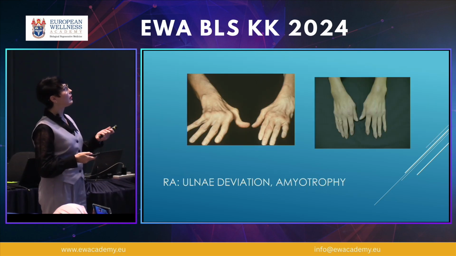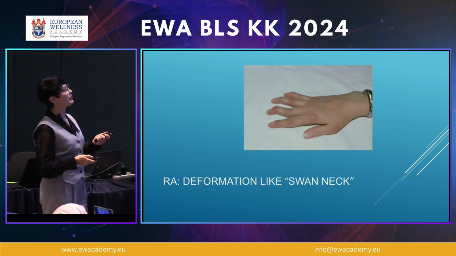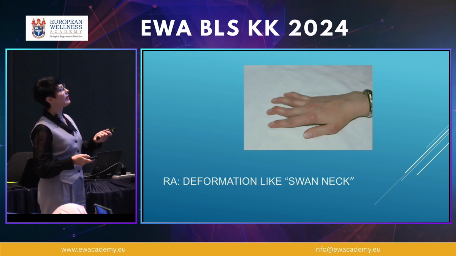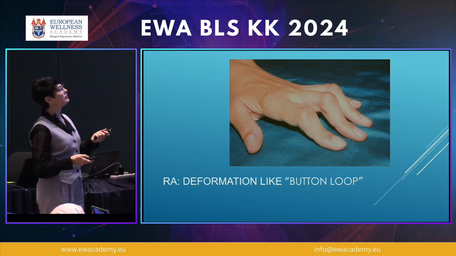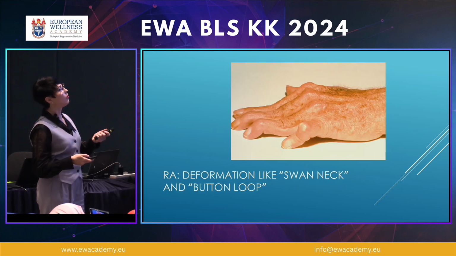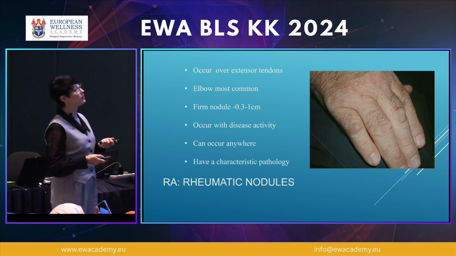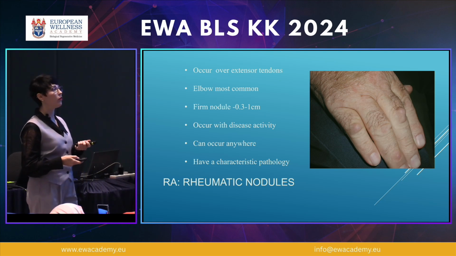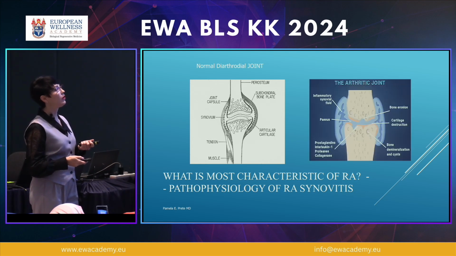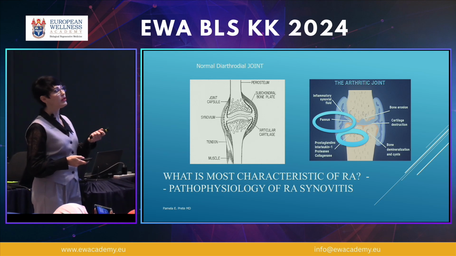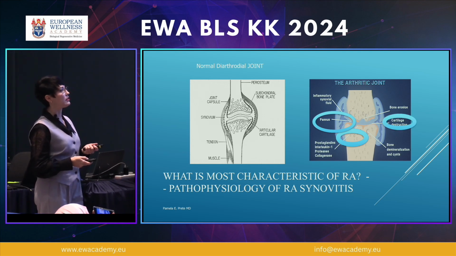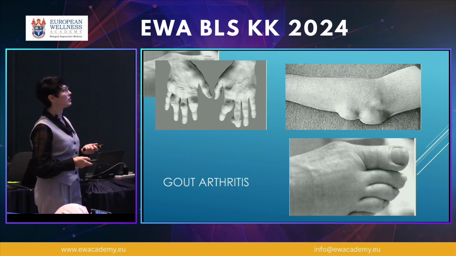In rheumatoid arthritis there is ulnar deviation, amyotrophy of muscles, swan neck deformation, and boutonniere deformation, or both. Also rheumatic nodules are not characteristic for osteoarthritis. For rheumatoid arthritis, bone erosion and cartilage destruction are characteristic, which are not characteristic for osteoarthritis.